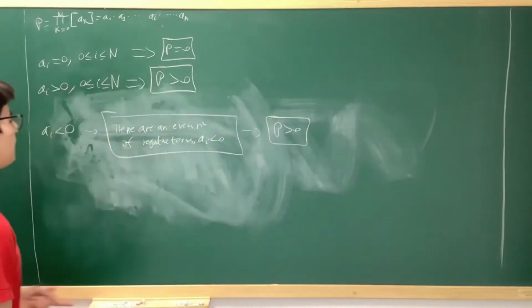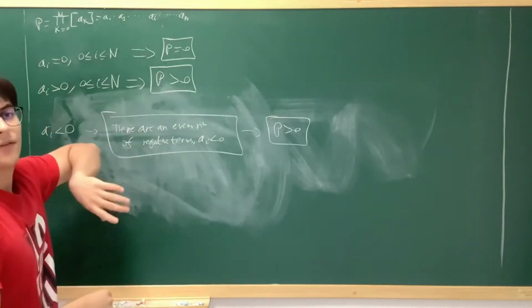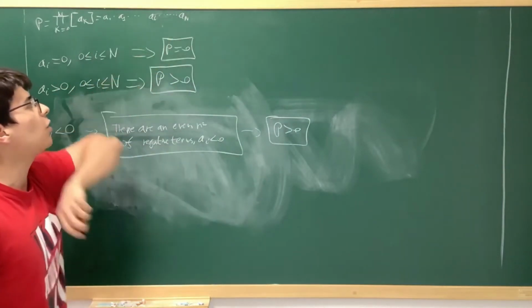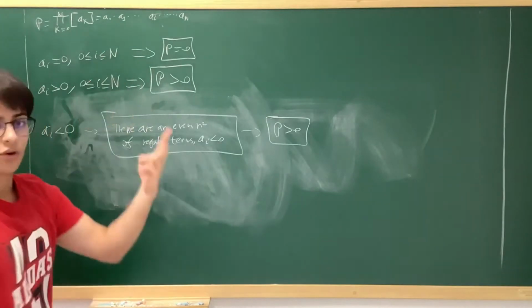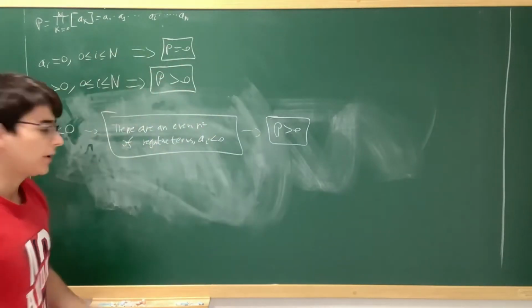Why? Because maybe a1 is negative, maybe all of the rest are positive, but some other guy is negative. 2 is an even number, so they will be positive, right?